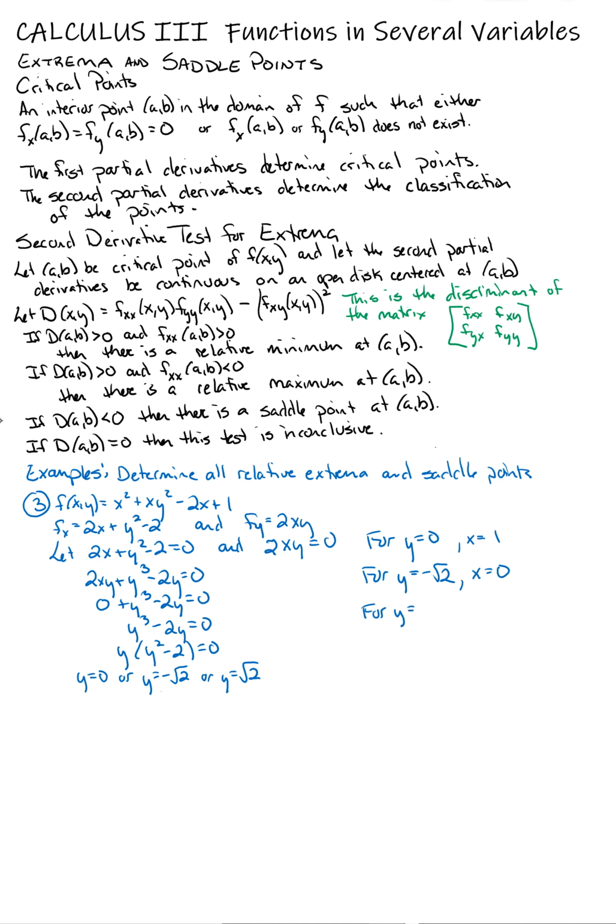Similarly, when y is equal to the positive square root of 2, we again get the x value is 0. Thus we have the points (1, 0), (0, negative square root of 2), and (0, positive square root of 2). These are the critical points.